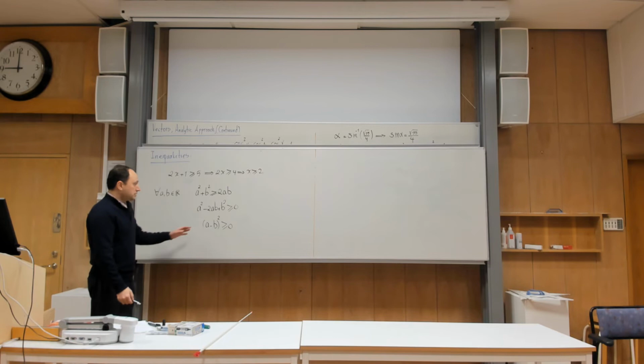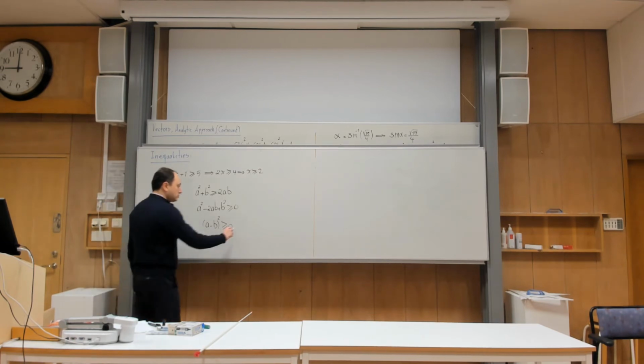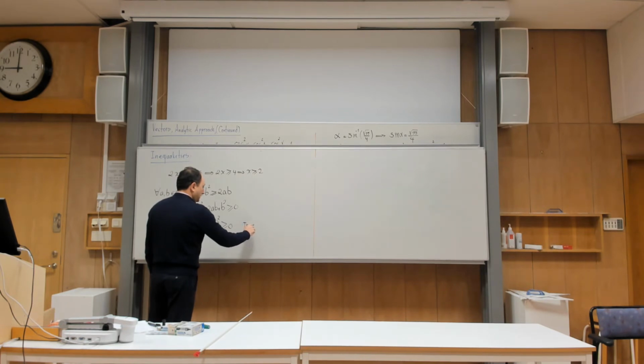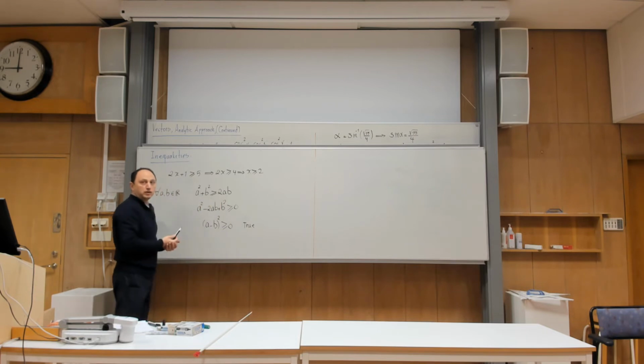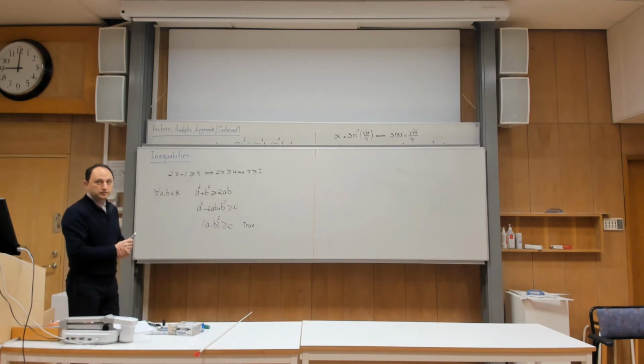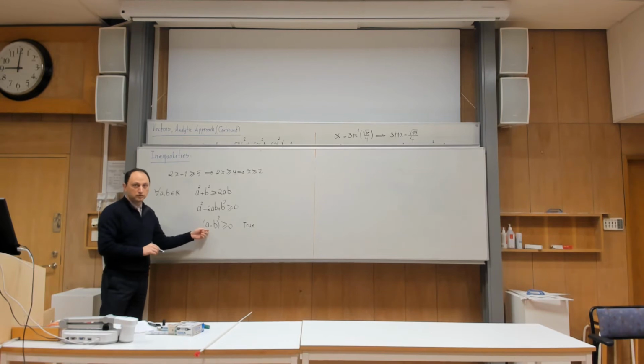Yes? But there is something that you need to be careful about. Because this is true, there is no guarantee yet that the original one is also true. Unless, and this is important, I want you to understand the logic. Instead of proving this, I simplified this algebraically, and I reached something that is guaranteed to be true. Then I am claiming that because this is true, the original one is also true.